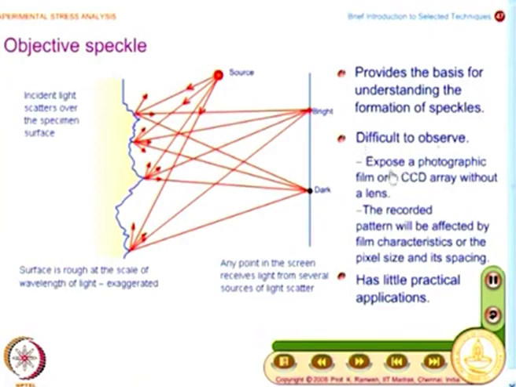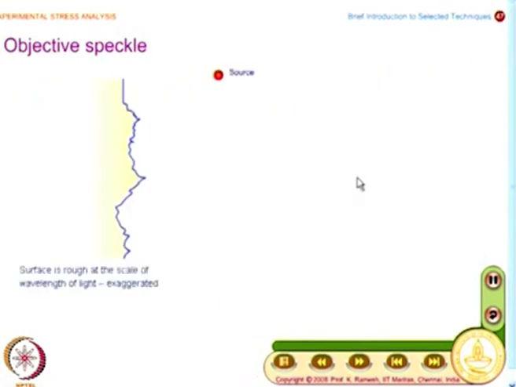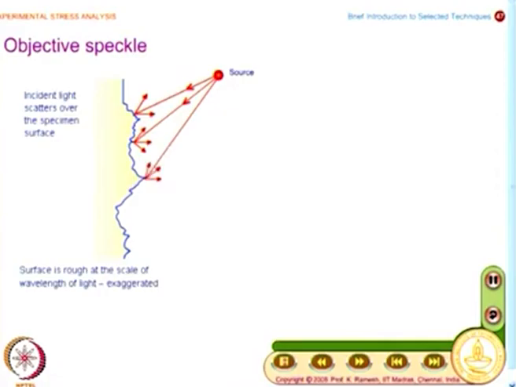So, you need to have a photographic film exposed, and that is how you have to do it, and this shows how the whole speckle gets formed, and this shows the animation again.